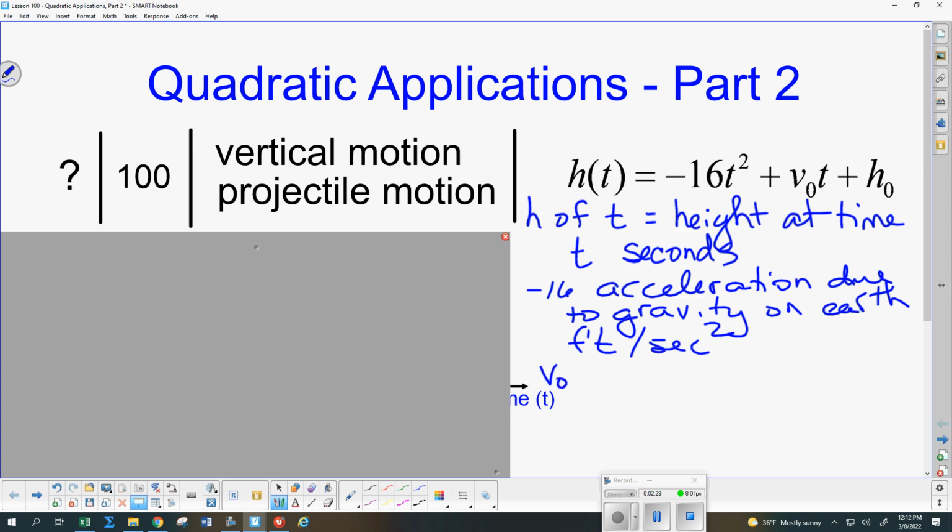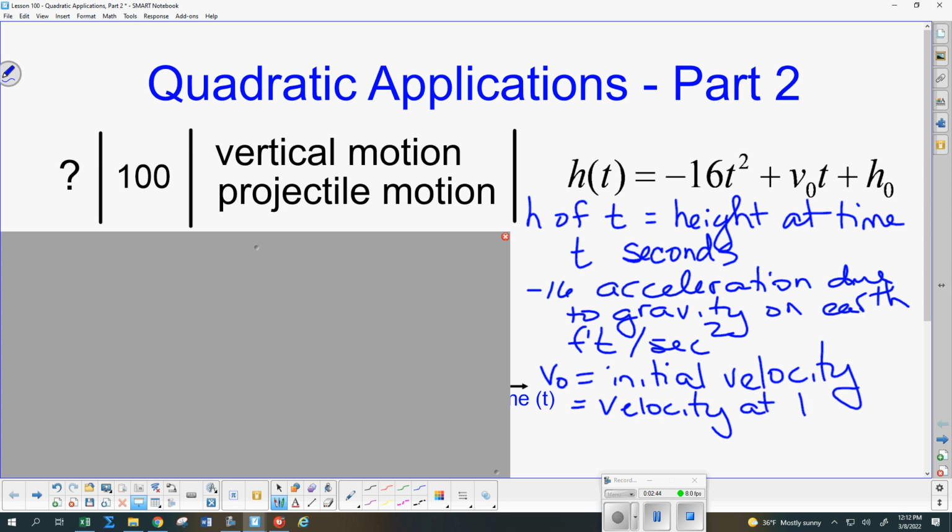V sub 0 means initial velocity. It means the velocity at time 0. So at the time when we first start, sometimes that is read V naught, meaning 0.